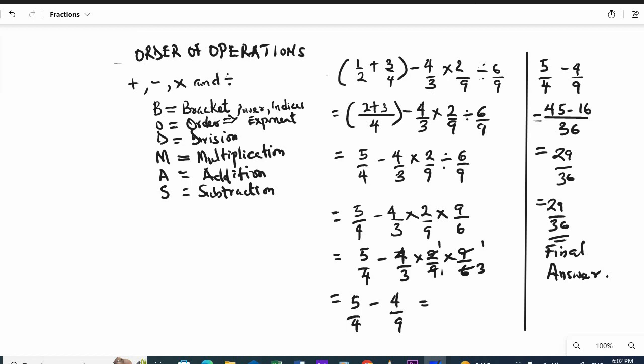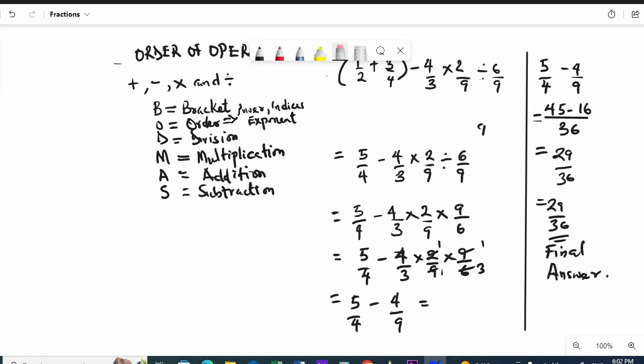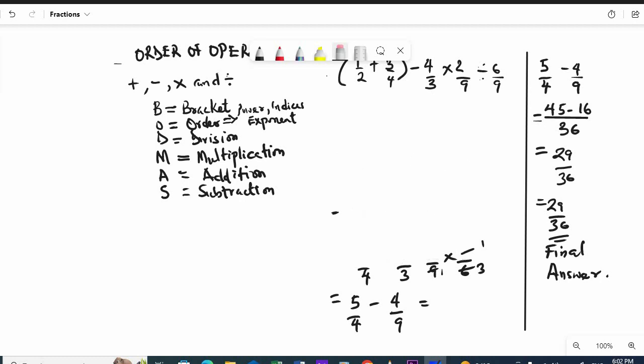So I'm just going to erase this here and just tweak the question a little bit, so that we have more space to work.